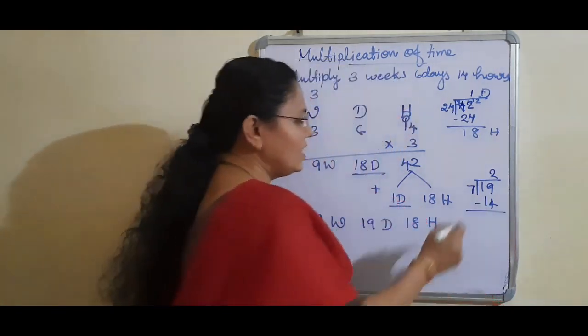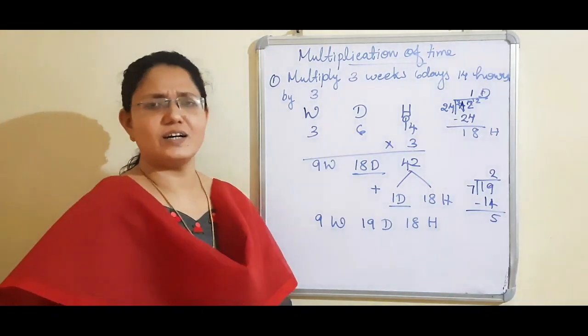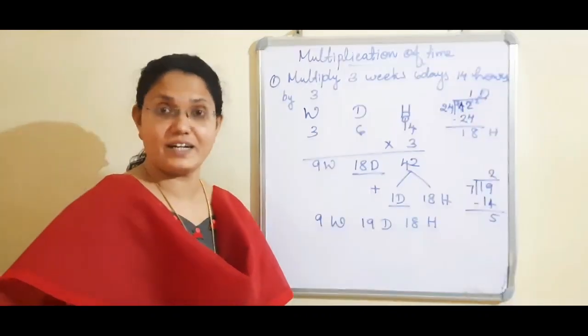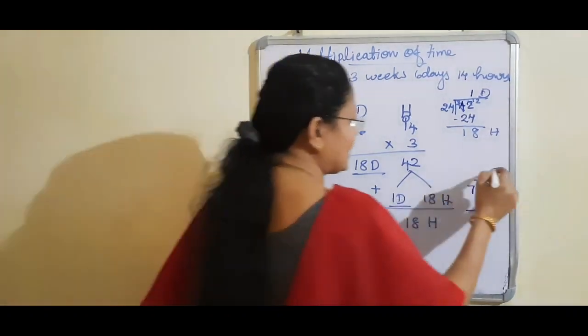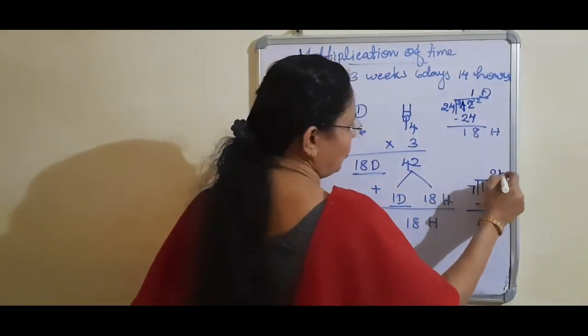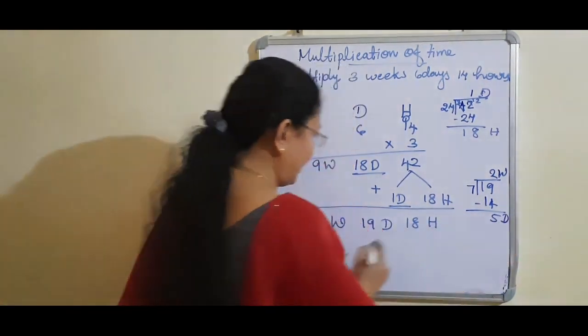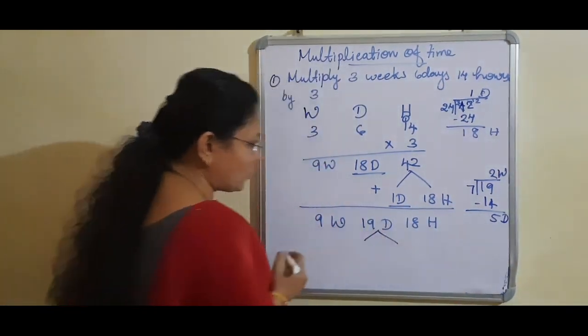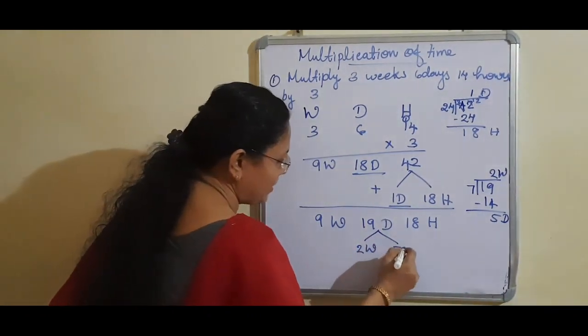Now how can we subtract? That is 5. How can we write the units of quotient and remainder? Yes, quotient is the next. Therefore, we can write it as 2 weeks and 5 days, the same unit. Okay, therefore we can write this one as what? 2 weeks and 5 days.